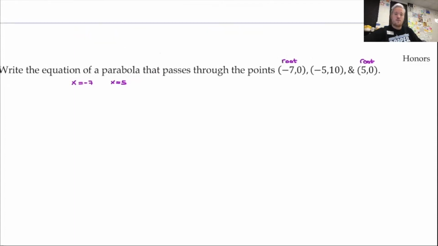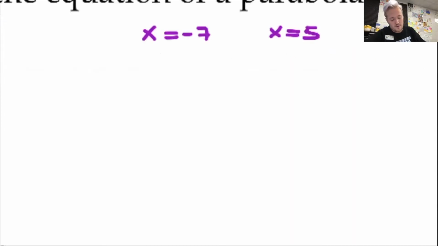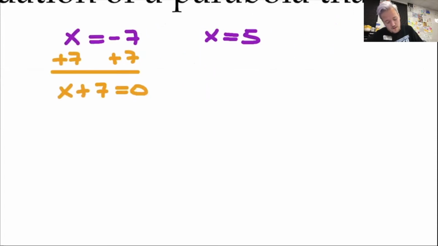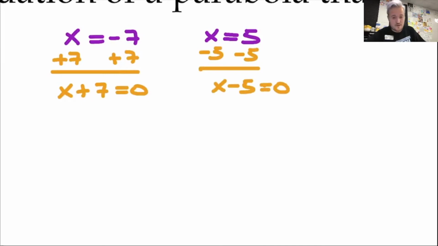All right, so of these values, I'm going to turn them into binomials. To do that, I'm going to add 7 on both sides. So I'm going to have x plus 7 equals 0. And now the other one, I'm going to subtract 5 on both sides. So x minus 5 equals 0.